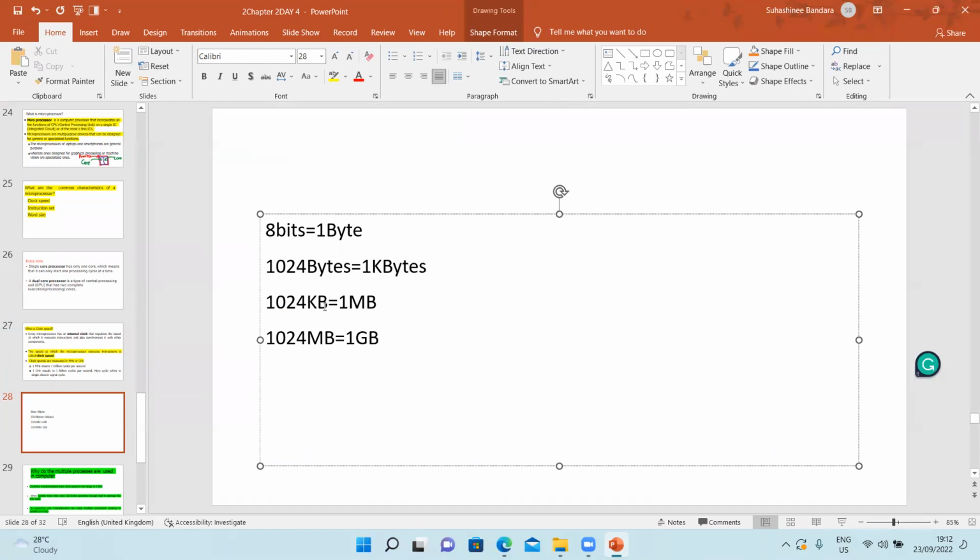Now hereafter I'll use the capital B. I'm not going to repeat again. 1024 kilobytes equal to 1 megabyte. That is equal to 1024 multiplied by 1024 bytes.